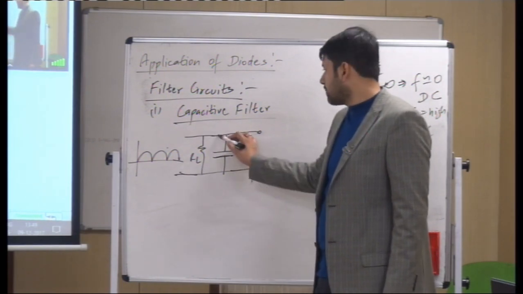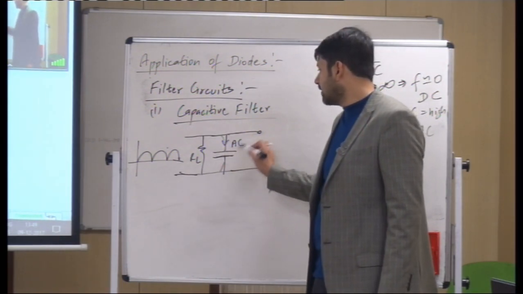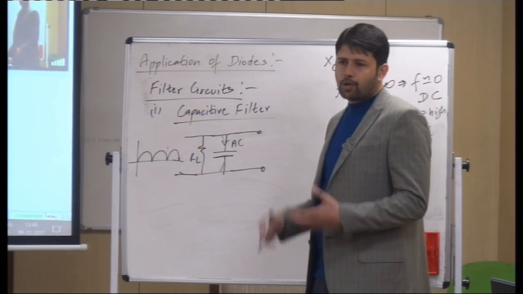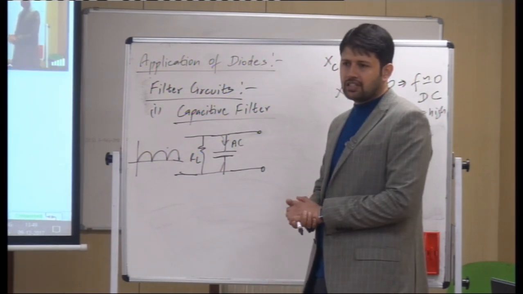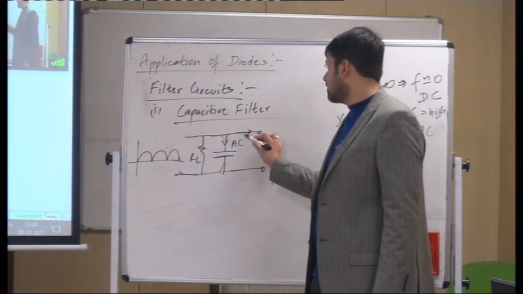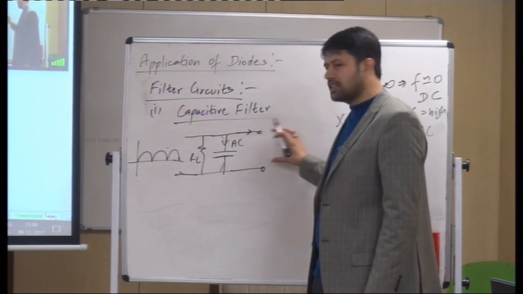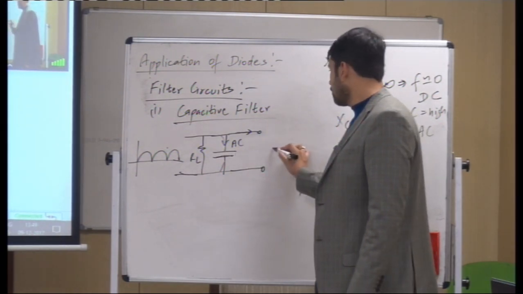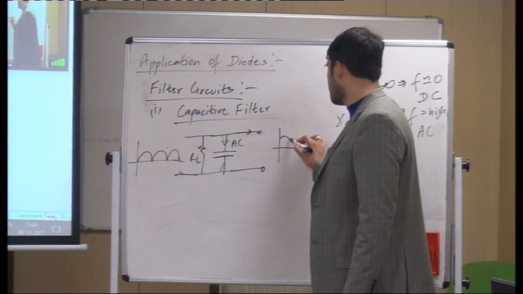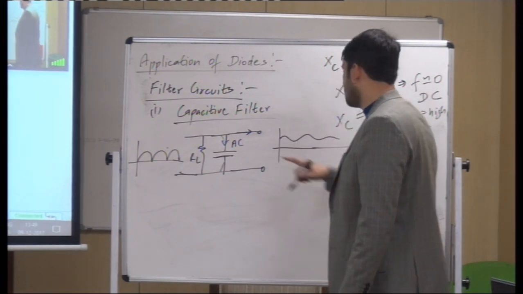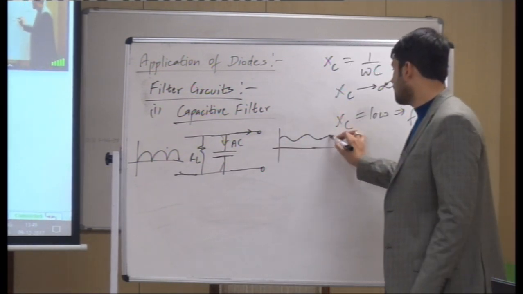AC would go through it because it provides an easy path for AC, while the DC is blocked, so DC reaches the output terminals. So the output in this case would be a lot smoother.